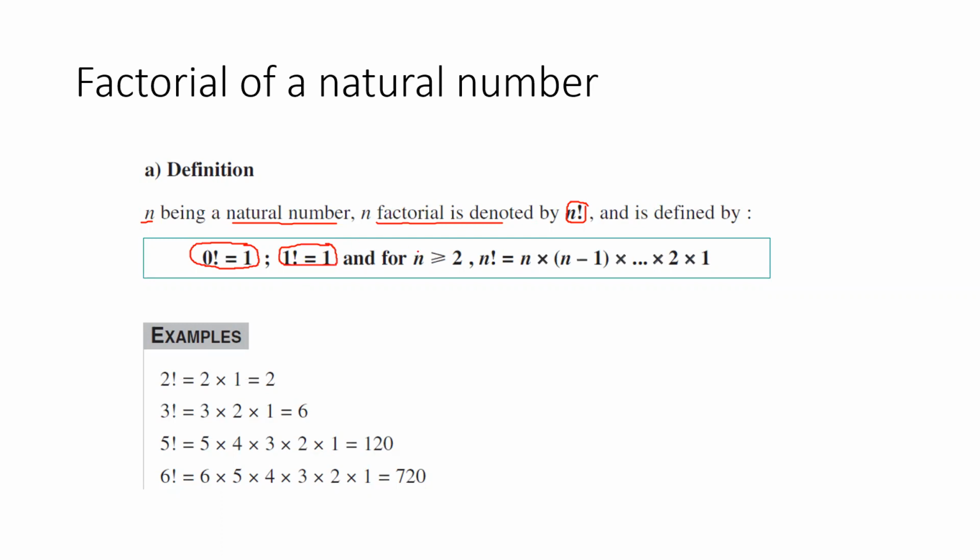And for n greater than or equal to 2, n factorial is the product of the numbers from n, n minus 1, down to 1. Example: 2 factorial is 2 times 1, which is 2. 3 factorial is 3 times 2 times 1, which is 6. 6 factorial is 6 times 5 times 4 times 3 times 2 times 1, which equals 720.